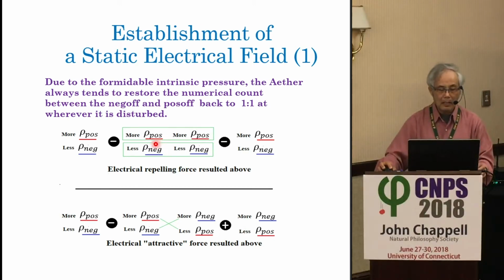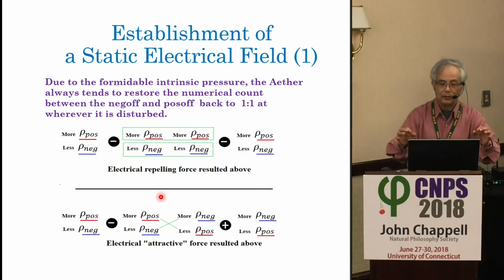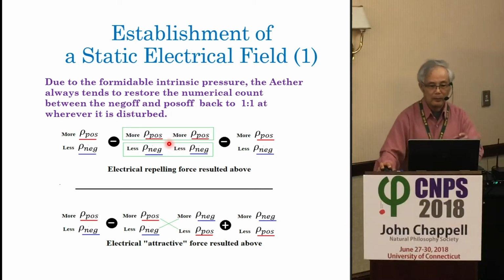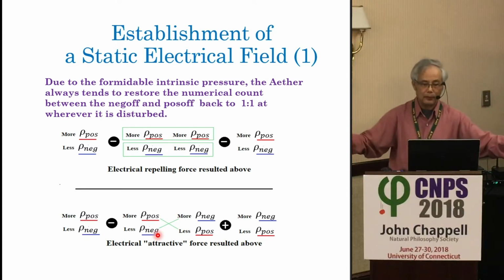So, given the situation between two negative charges, there are more positive in this space than negative. For this reason, because of excessive positive and less negative, the negative charge will feel a repelling force.